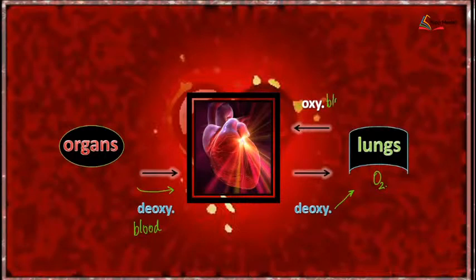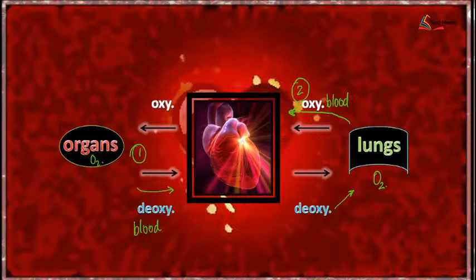So the oxygenated blood from the lungs is carried back to the heart, and from the heart, that very same oxygenated blood is provided to all the organs so that the organs can use up that oxygen. Now can you see how the blood has entered the heart twice? The first time was from the organs to the heart. The second time it entered the heart was from the lungs back to the heart.